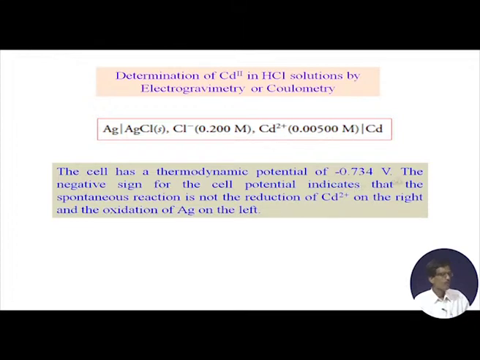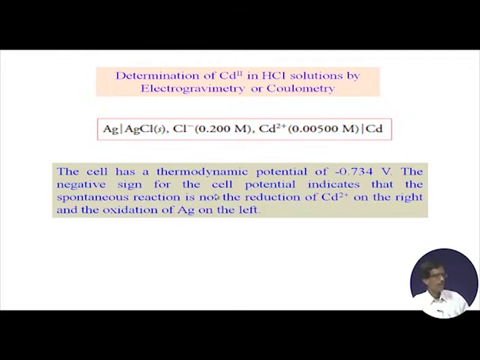The negative sign of the cell potential indicates that there is no spontaneous reaction for the reduction of cadmium 2+ on the right and oxidation of silver on the left, because by cell convention, on the right you have the reduction and on the left you have the oxidation.